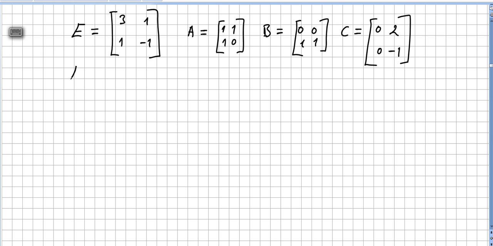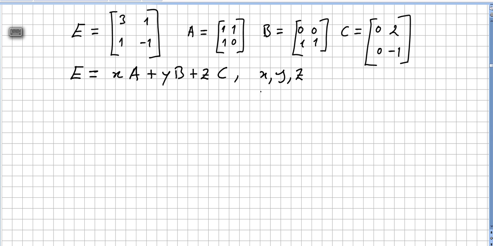So what we have to do is to write matrix E as a linear combination, so that will be x times A plus y times B plus z times C, where x, y and z will be scalars from the field.